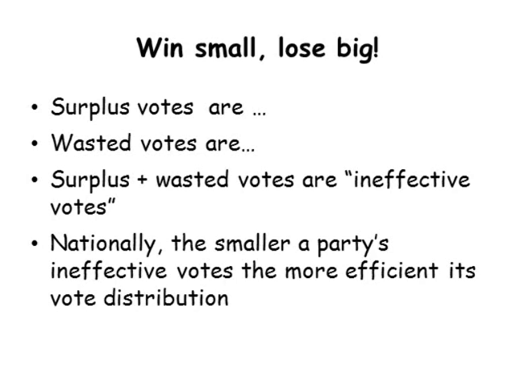Now I know this is going to upset some people's sensitivities, but for this experiment we're going to conclude that surplus and wasted votes are ineffective votes. And then we're going to make the statement that nationally the smaller a party's ineffective votes, i.e. the smaller the number of surplus and wasted votes combined, then the more efficient its vote distribution.